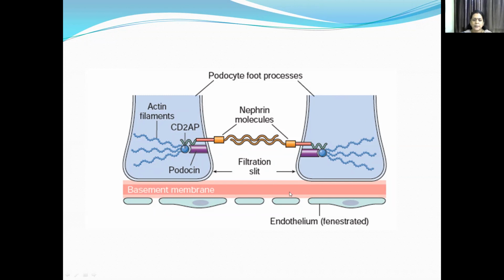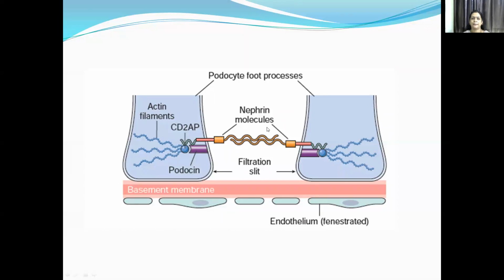Here we have the basement membrane, the central dense layer, the inner and outer electron lucent layer. Here we have the nephrin molecule. The nephrin molecule, the CD2AP, the podocin, and the actin filaments will maintain the integrity of the structure of the glomerulus. They maintain the integrity because the nephrin molecules are extracellular.